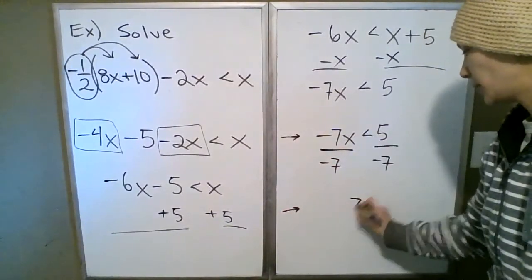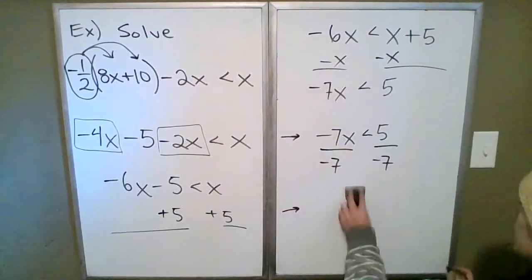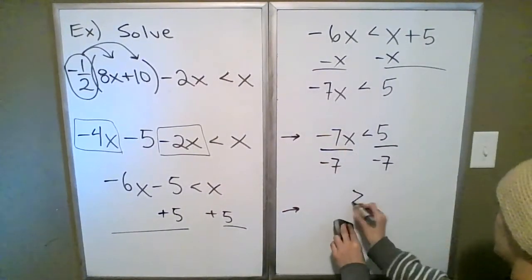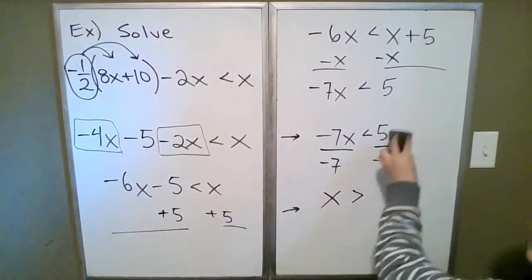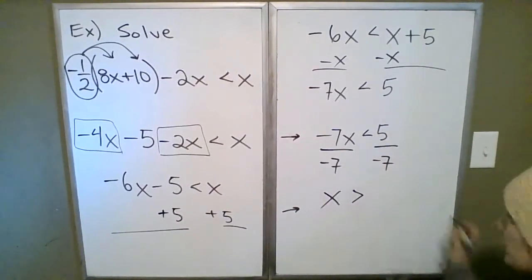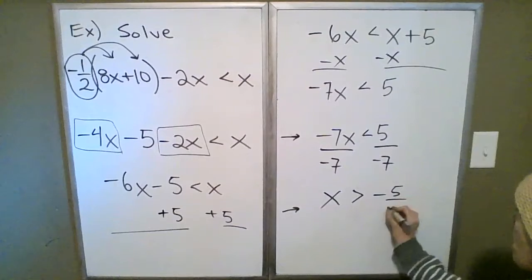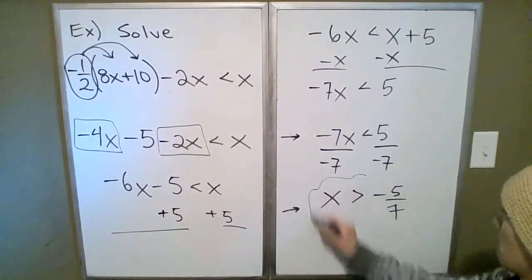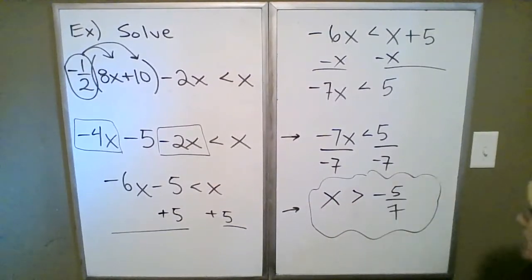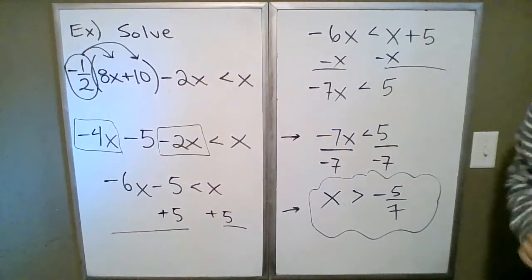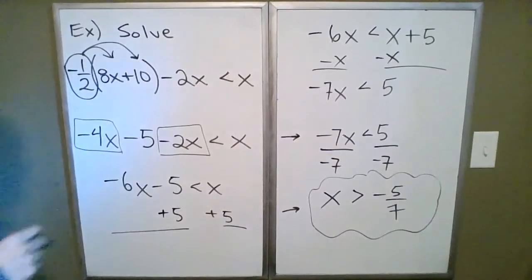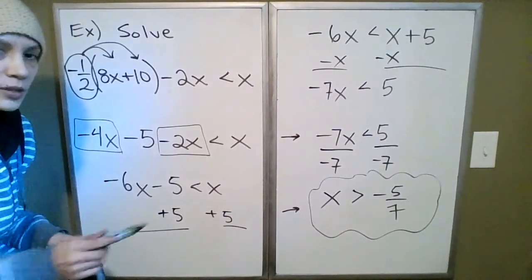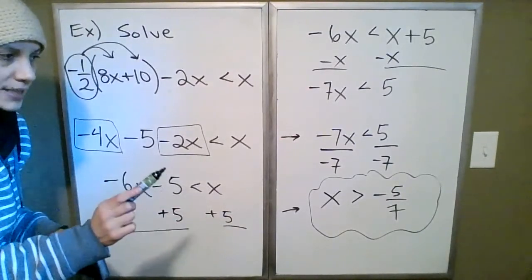Here, I'm going to flip. This is positive x. It's greater than negative 5/7. And I do want to do a quick graph and write the solution set.